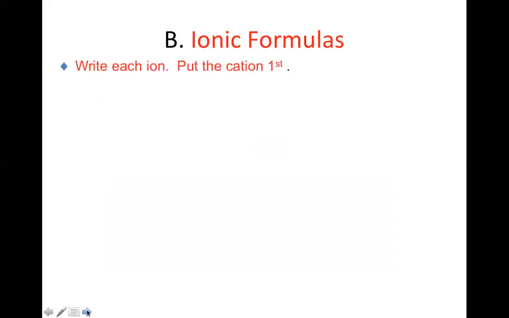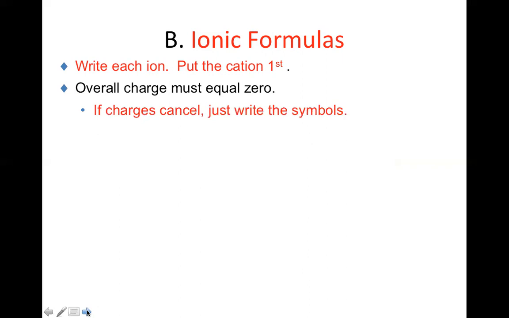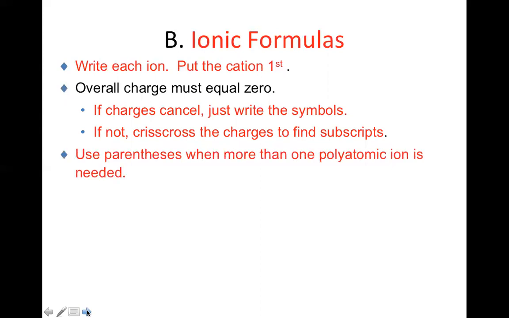When you are writing ionic formulas, now that we're adding in polyatomic ions, you're still going to write each ion, and you're still going to put the cation first, so the ion that has the positive charge. Your overall charge still has to equal 0, so either the charges are going to cancel and we just write the symbols, or if the charges aren't canceling, we'll crisscross the charges to find the subscripts.